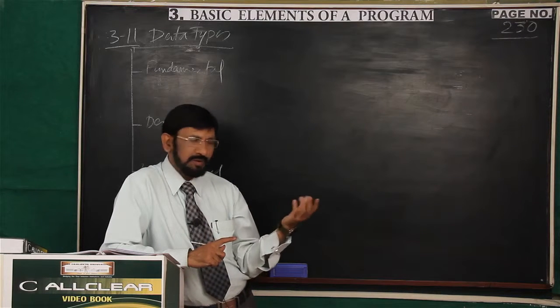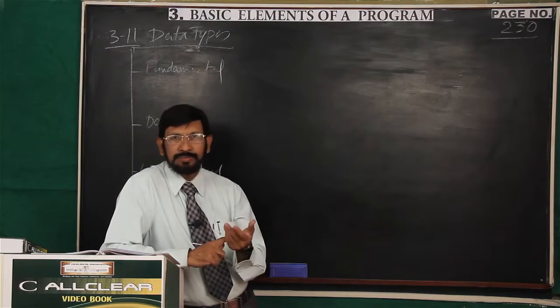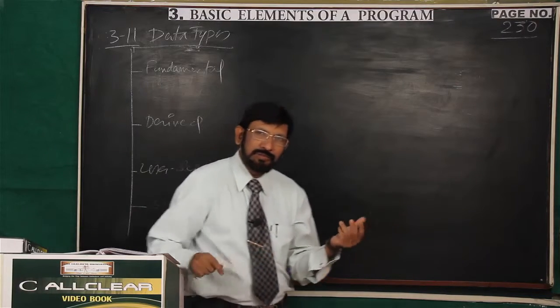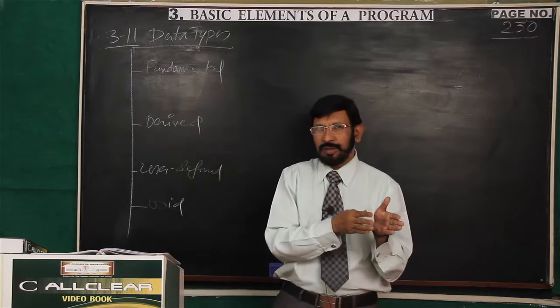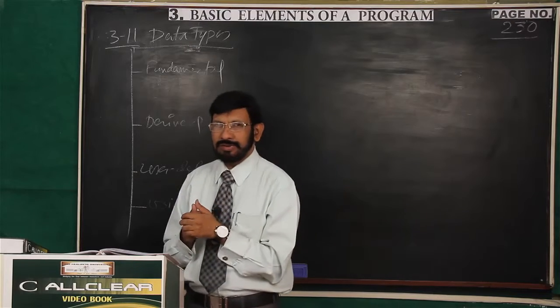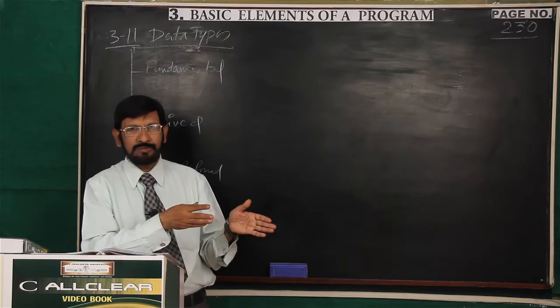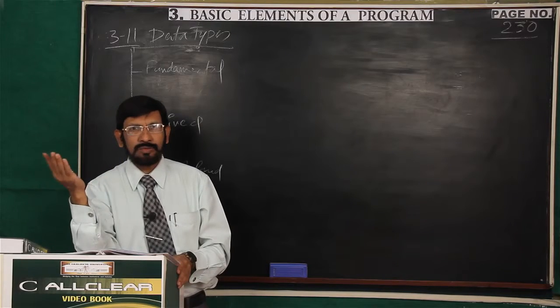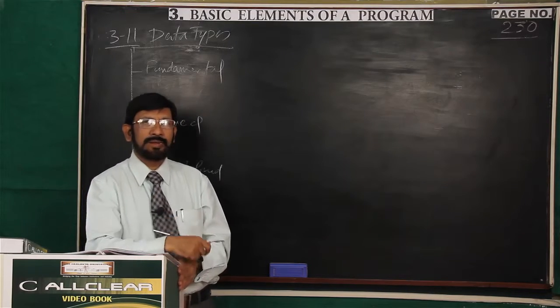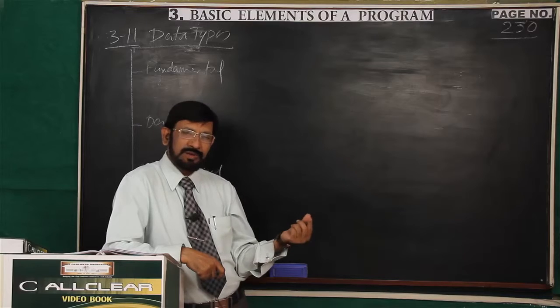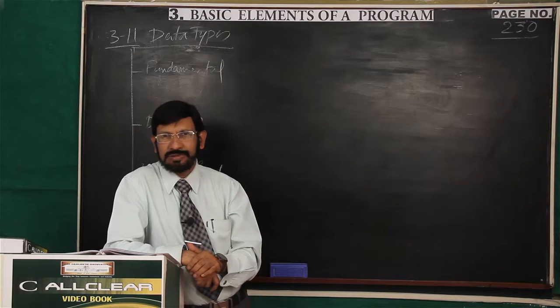Nature of the good means it may be liquid or it may be solid. For liquid means one type of container you use, and solid means other type of container you use. If quantum is less, one type of container you use. Quantum is more, use suitable container. Suppose 1 kg of rice or 50 kgs of rice.